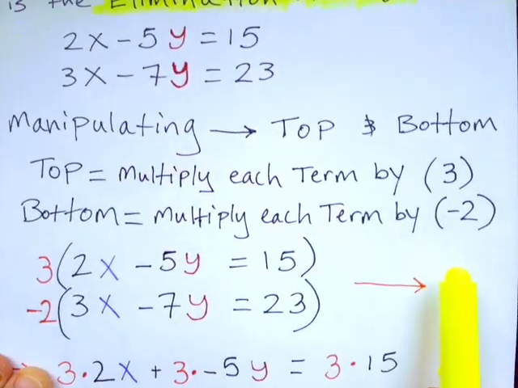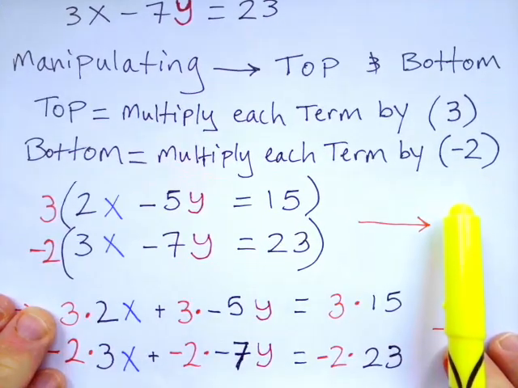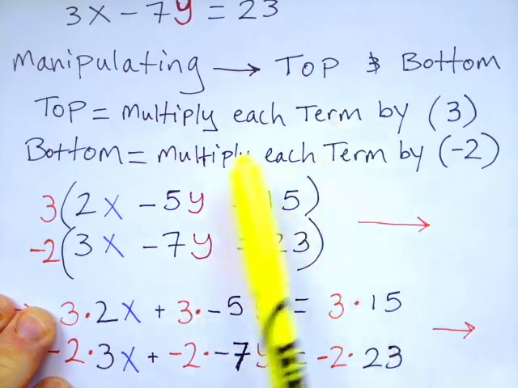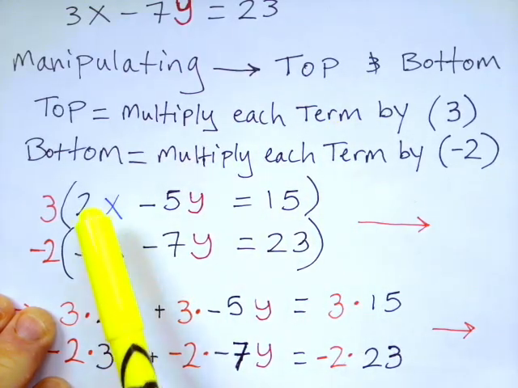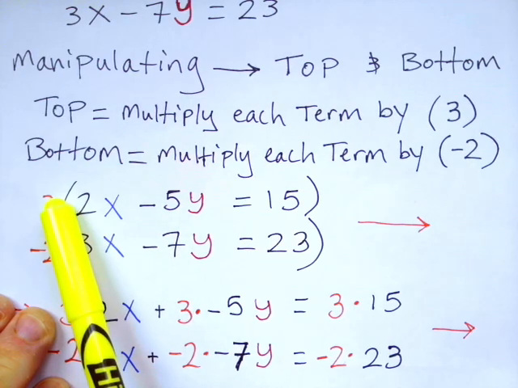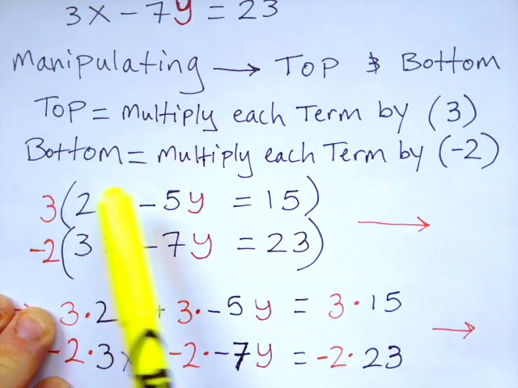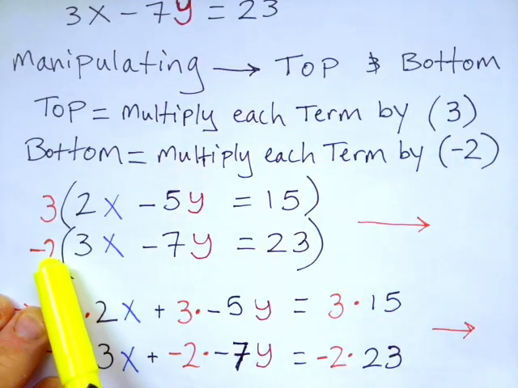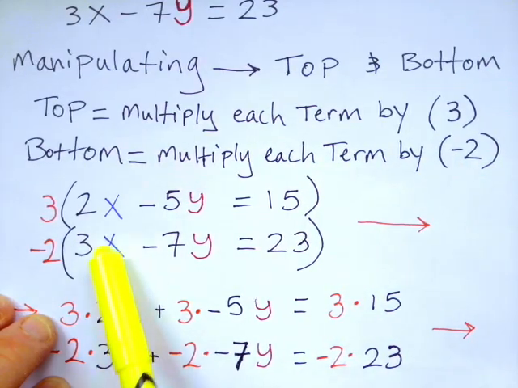So let's go ahead and jump right into it. I'm going to multiply each x term by 3 on the top. And then on the bottom, I'm going to multiply each x term by a -2. I talked about that a moment ago.